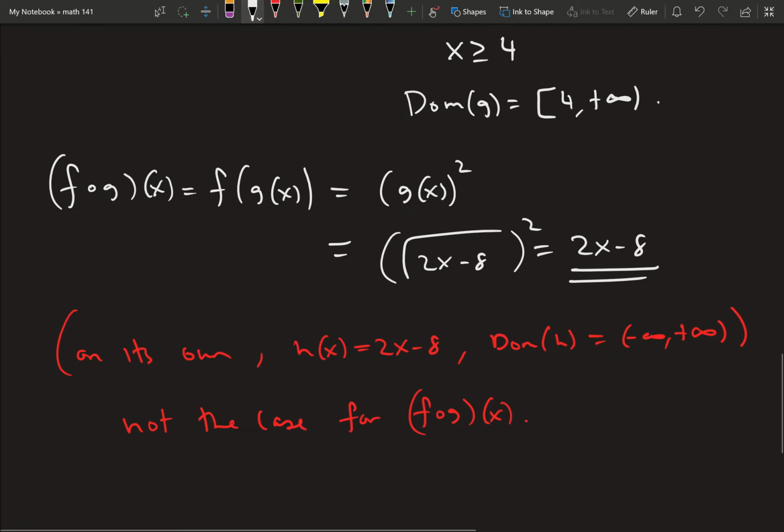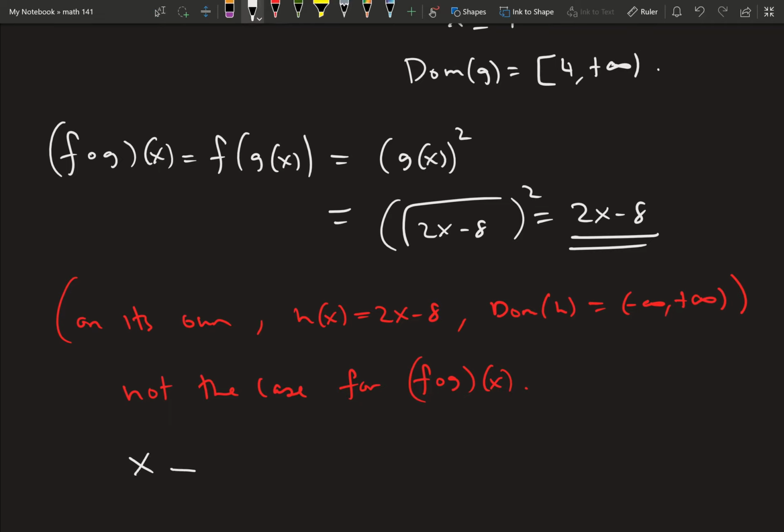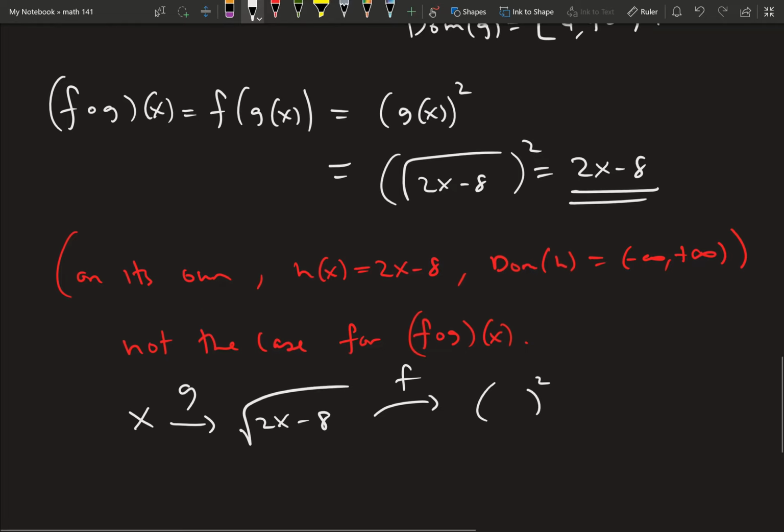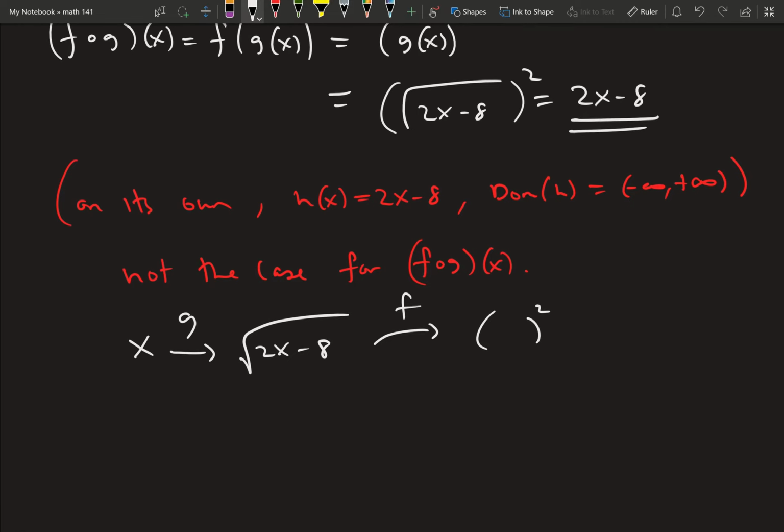Now again, why is that? I'm going to reiterate, because x first has to go into the function square root of 2x minus 8, and then it gets squared by f. So this is the process of going to g. This is the process of going to f. Remember, for starters, x has to be in the domain of g.